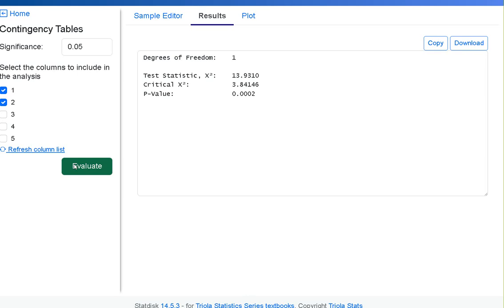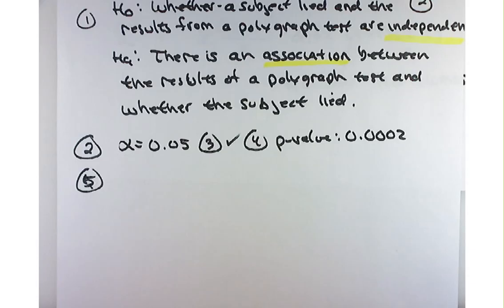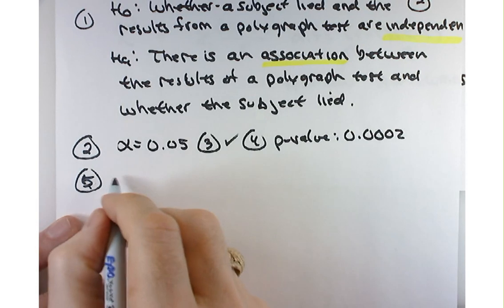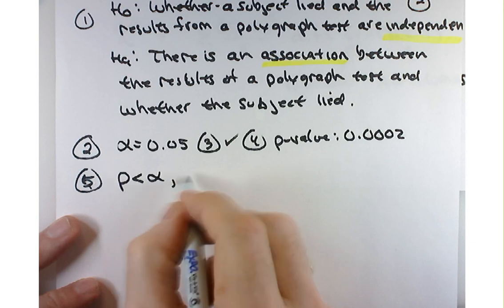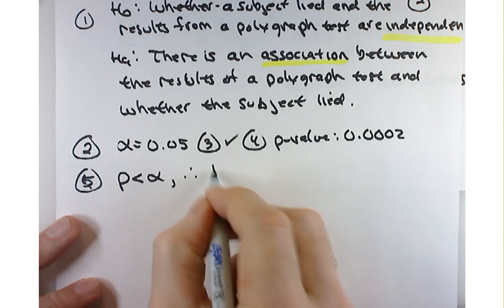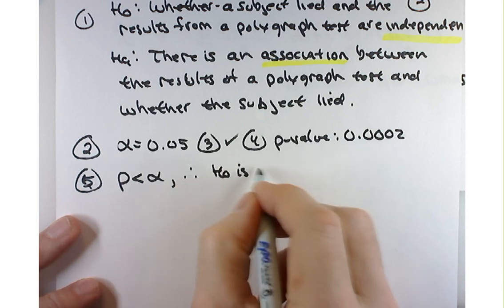So, Justin, what's that saying about H naught? Yeah, we're going to reject H naught. Our p-value is less than alpha, so help me out, finish the sentence. If the p-value is low, H0 must go. H0 must go. All right, good deal. So p is less than alpha, therefore H naught is rejected.